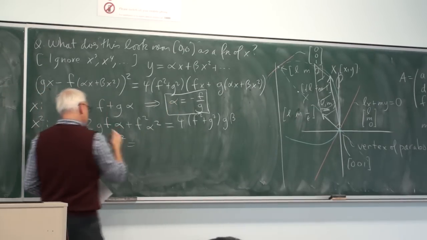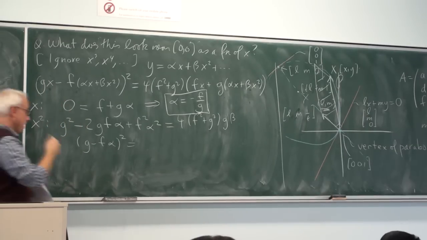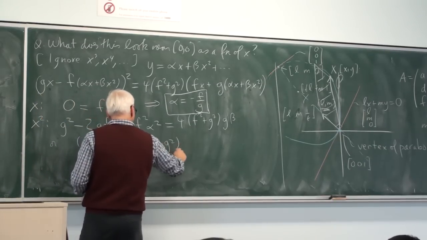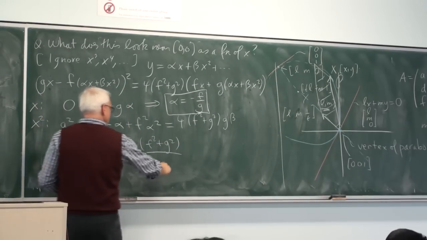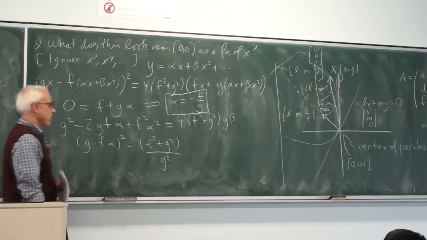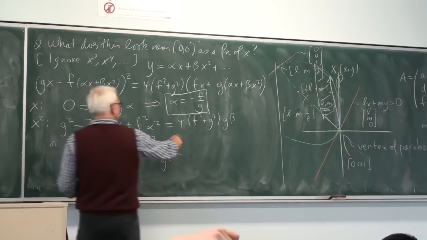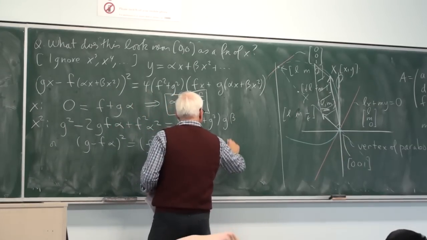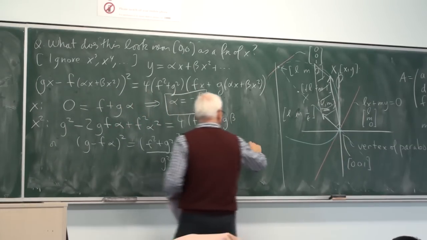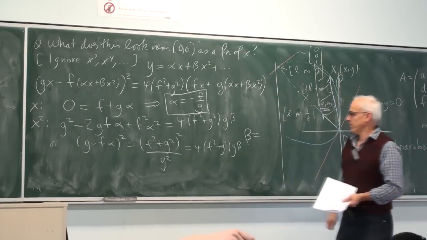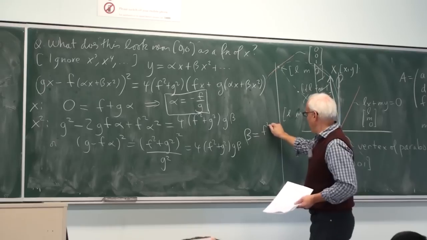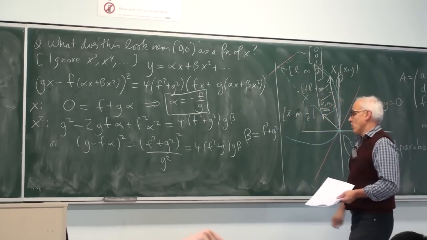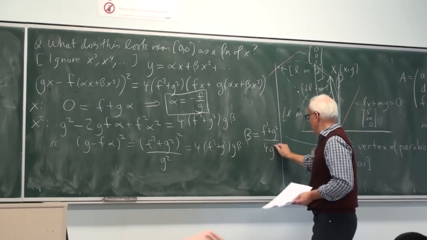So if we put alpha in as minus f over g, then the minuses give us a plus, and we're going to get f squared plus g squared all over g squared. We have to square it. And that's equal to 4 times f squared plus g squared times g beta, telling us that beta equals f squared plus g squared over 4g cubed.